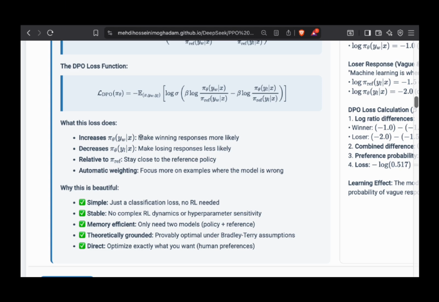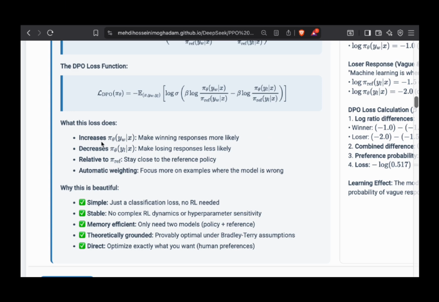And if you have ever had the chance to look at DPO datasets, for example, in Hugging Face, we usually have 3 columns: the prompt, the answer, and the rejection. Those answers and rejections are technically winning and losing answers. Why?